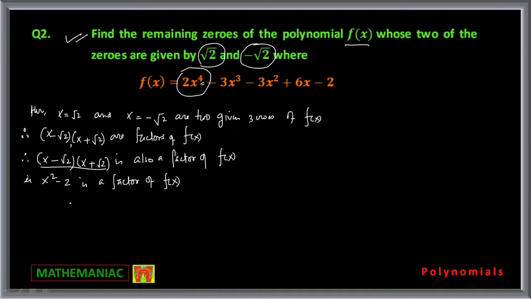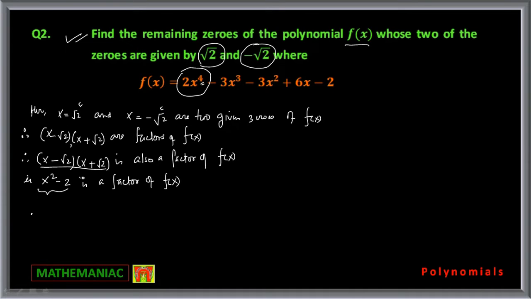Now what exactly do we have to do? I'll take half a minute for discussion, then we'll proceed to the main part. So now see, you came to know that this is a factor of f(x), and this is the factor which gives you the two given zeros, root 2 and minus root 2.